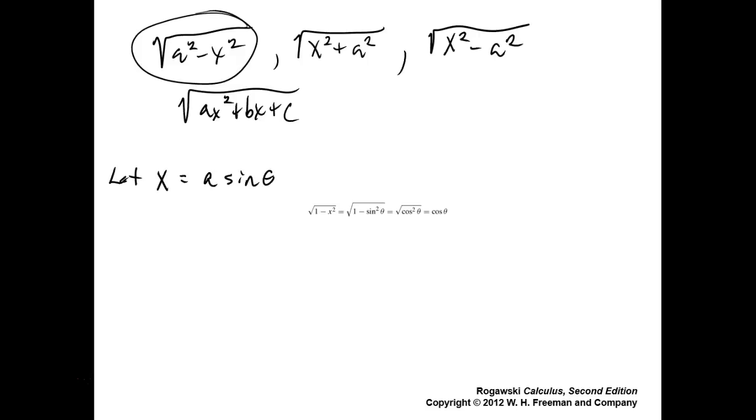Now, here's the things to consider. What's, of course, one thing we want to do? Then dx is equal to a cosine theta d theta. Perfect. But notice up here in that expression, you have an x squared.